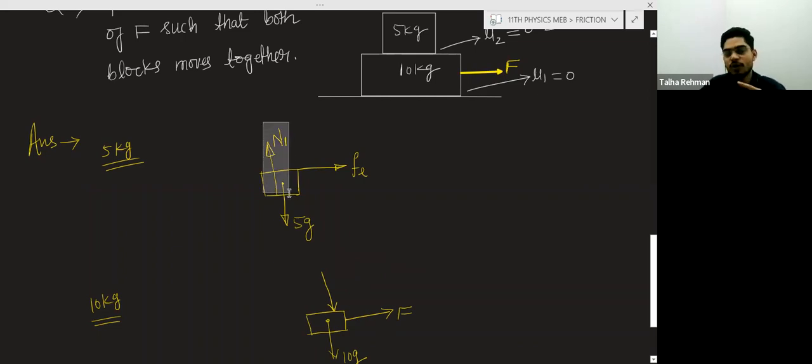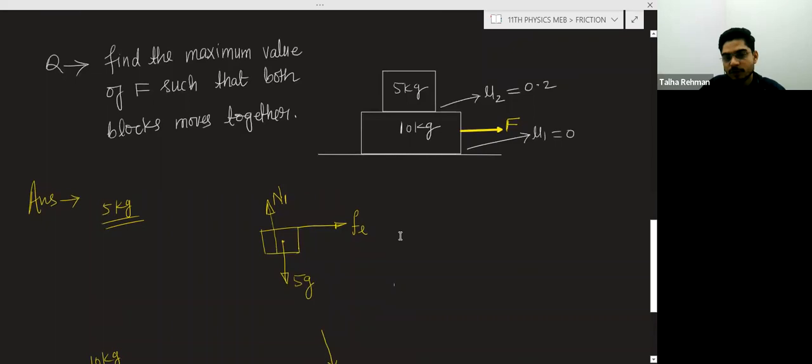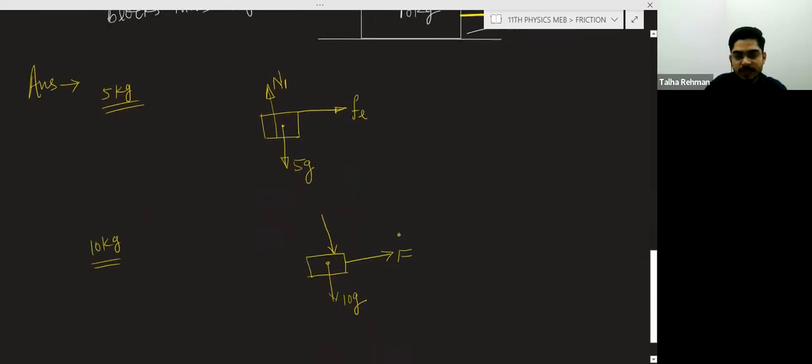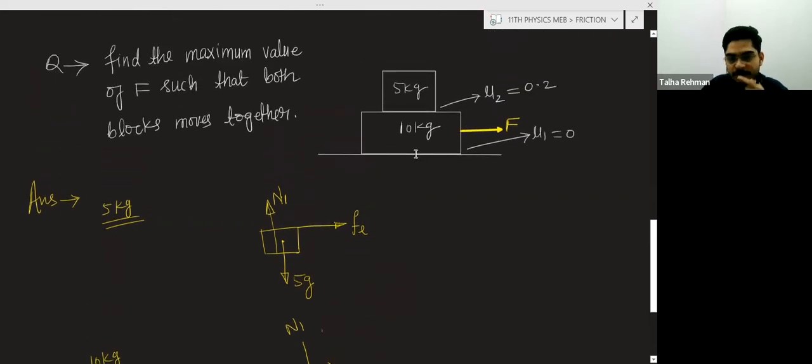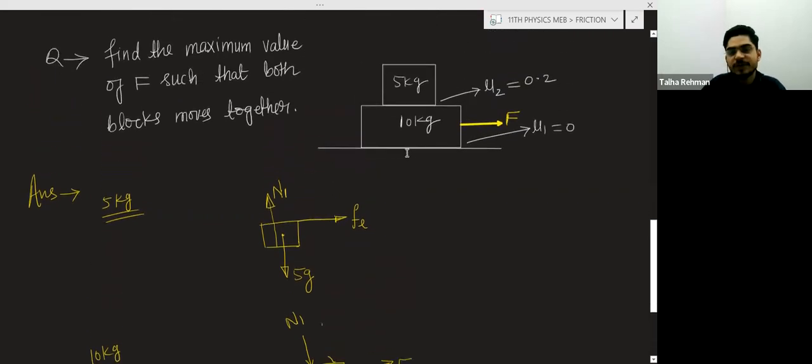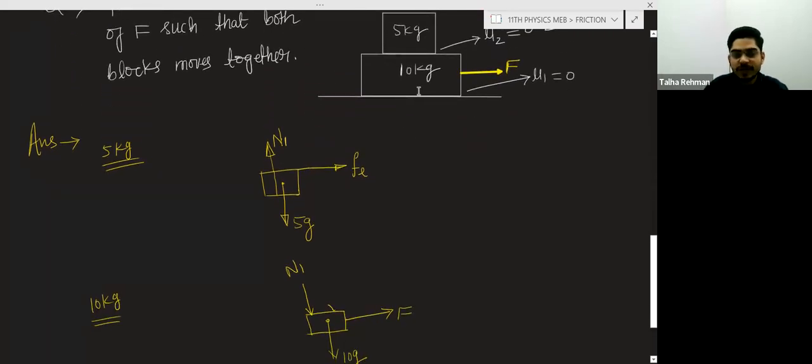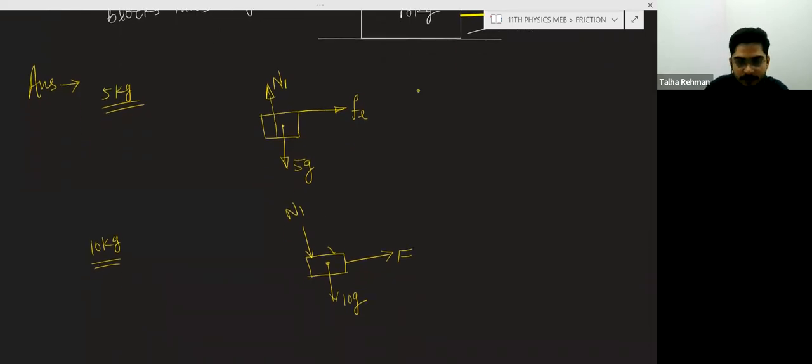This is N1 on the 5 kg block. So in the opposite direction there will be N1 like this. And there will be the normal reaction due to this surface on the 10 kg block, so that I am showing here. That is N2.